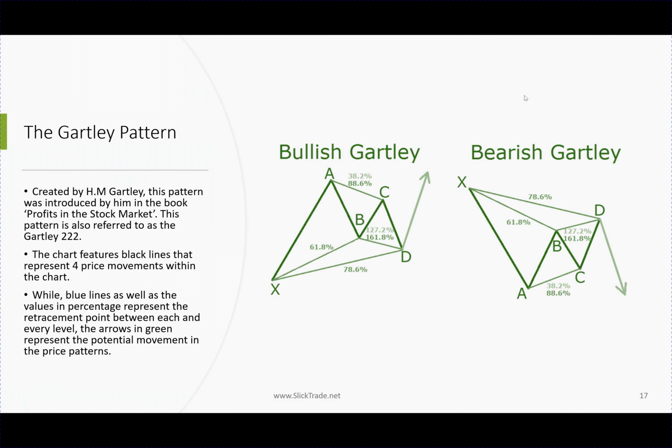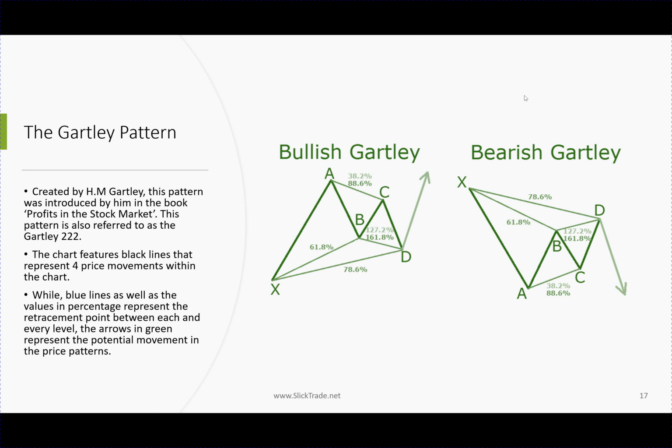The Gartley pattern. This was created by H.M. Gartley. This pattern was introduced by him in the book Profits in the Stock Market. This pattern is also referred to as the Gartley 222. The chart features black lines that represent 4 price movements within the chart. They do not have to be black lines. You'll see all different variations of colors. That's just the way that it started.